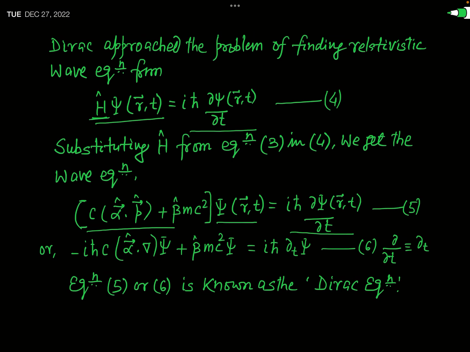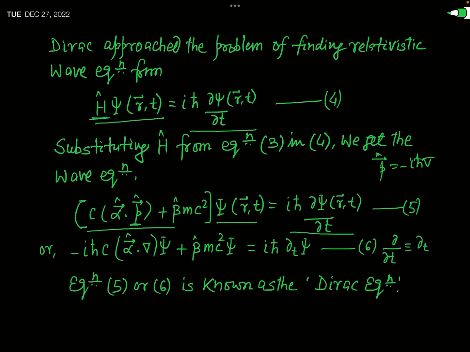Now, if you write the operator corresponding to the momentum operator p hat, what will be the result? You know that the momentum operator is given by minus i h bar del. So instead of p hat, I have written minus i h bar del.